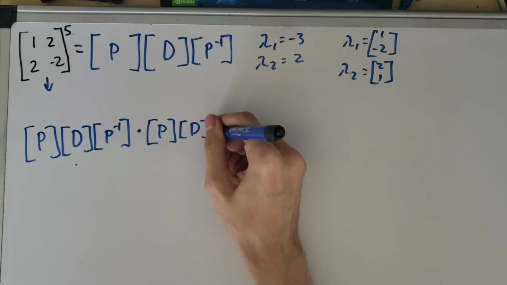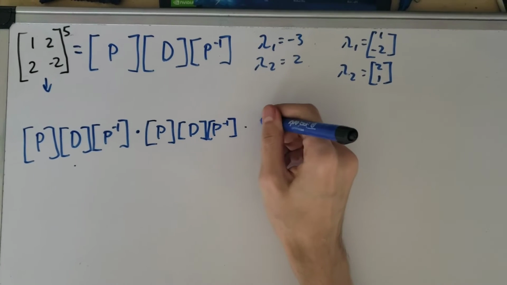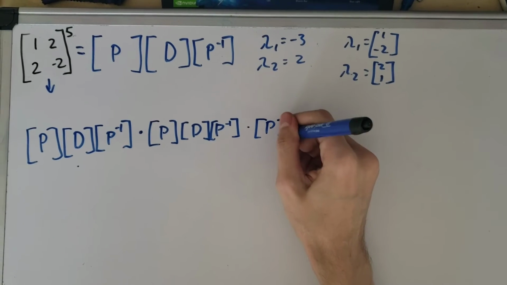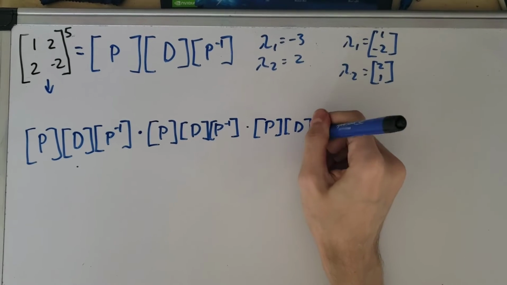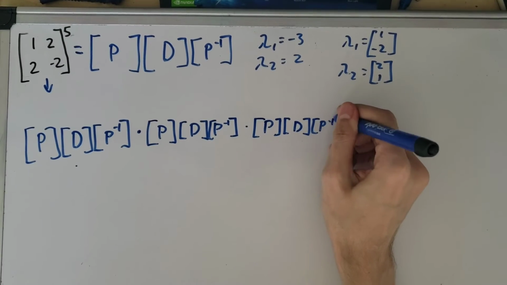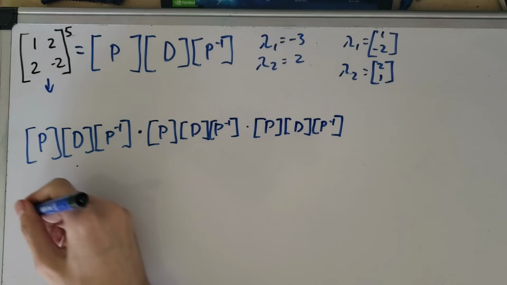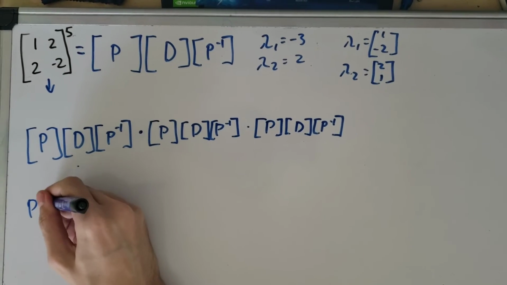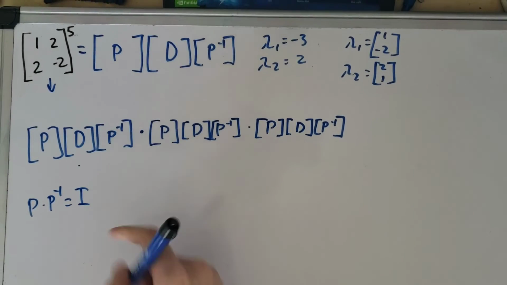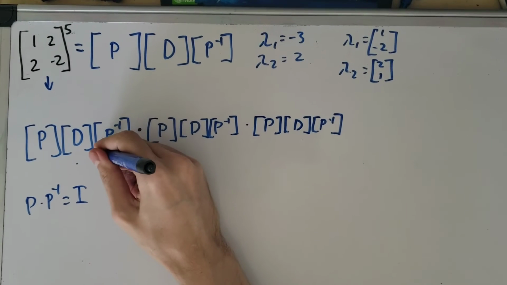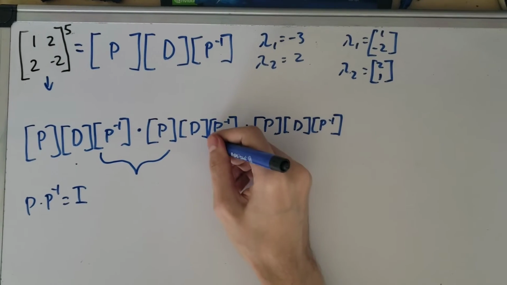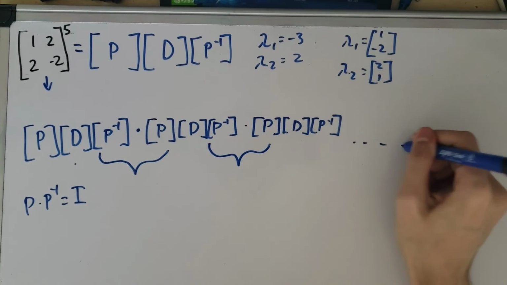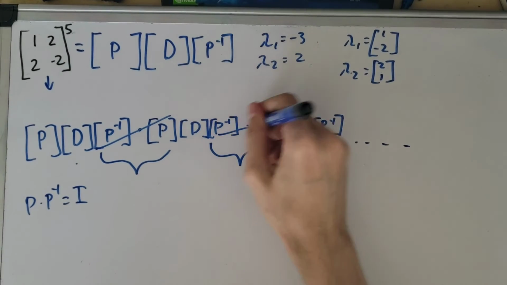No matter how many times I end up multiplying, these P's and P inverses end up canceling, because as we know, any matrix times its own inverse is equal to the identity. So this subset here, and as many as I have will simply cancel.